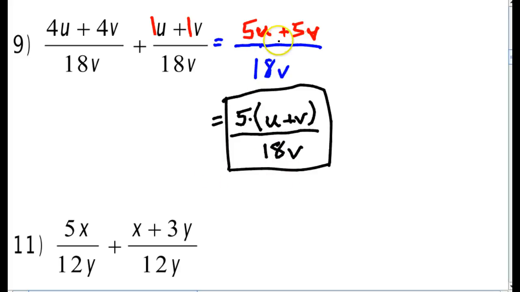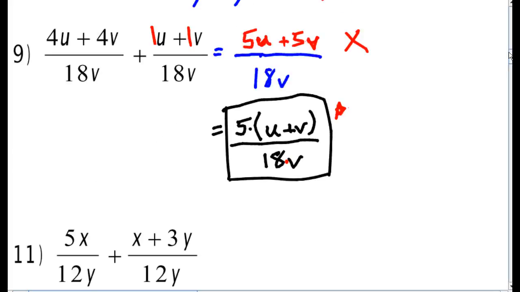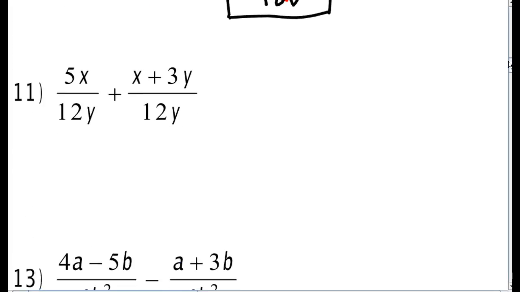Notice how we did not cancel a b out. This is plus b. This is times b. Does not work. 5 over 18 does not reduce. But your final answer must be this, not this. These are the little things that will make life easier, like factor.